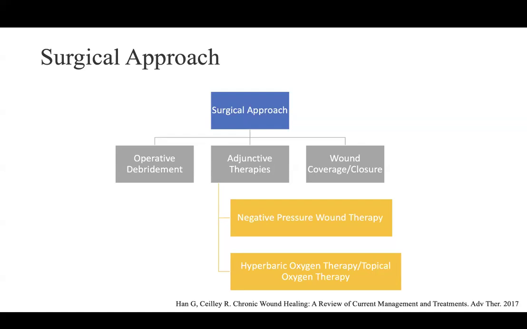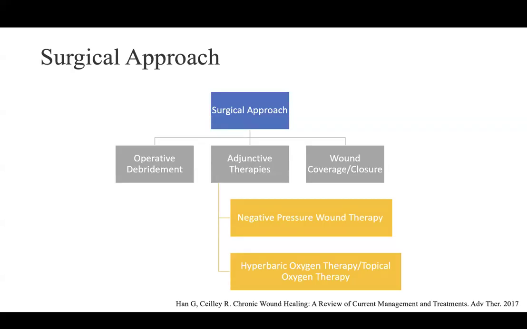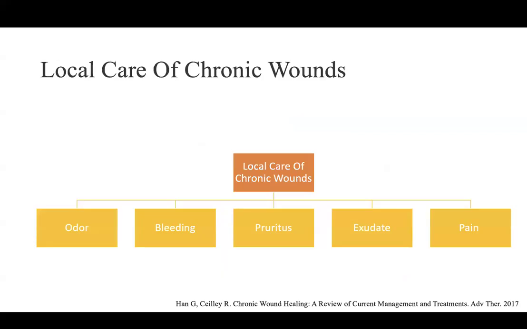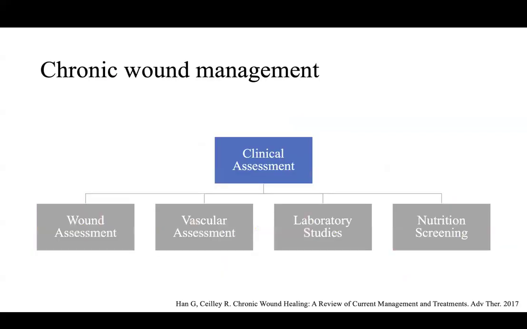But I think Einass, you should go back to the previous slide, and the previous slide before that. This vascular assessment has to be followed up by corrective action, because one of the reasons for chronic wound is ischemia.